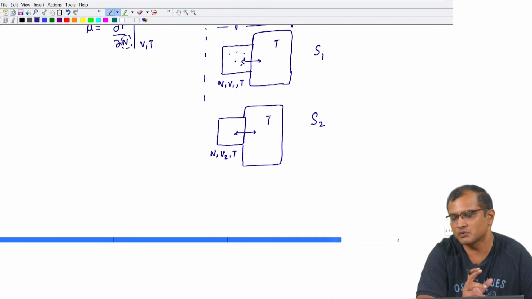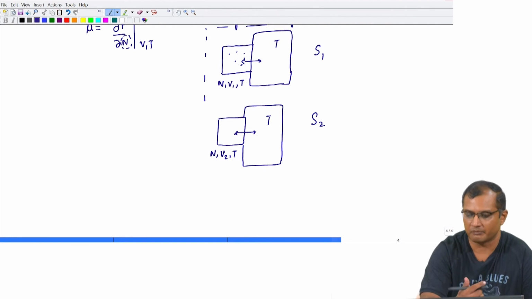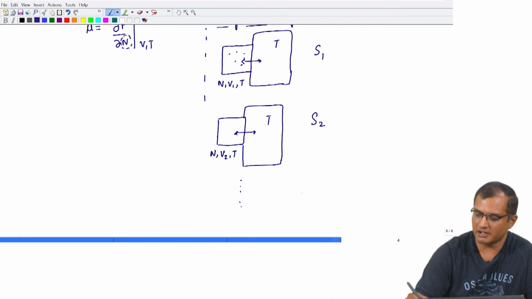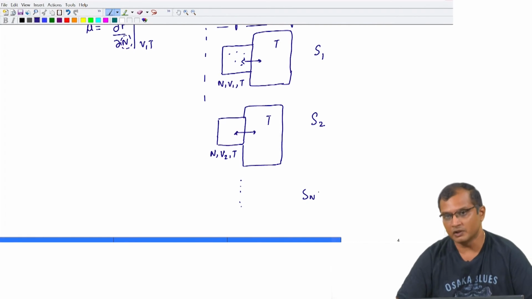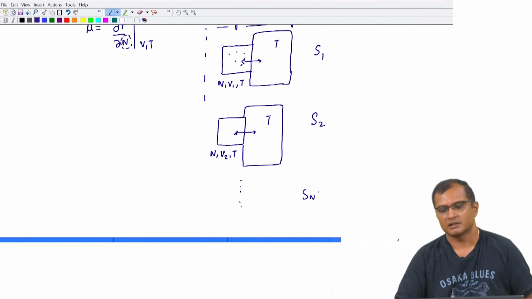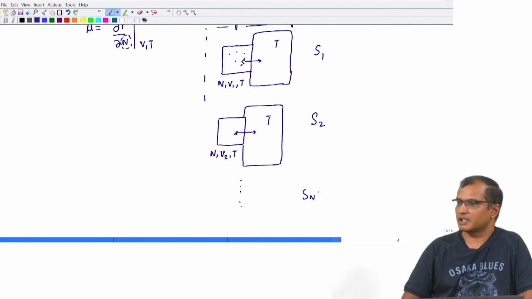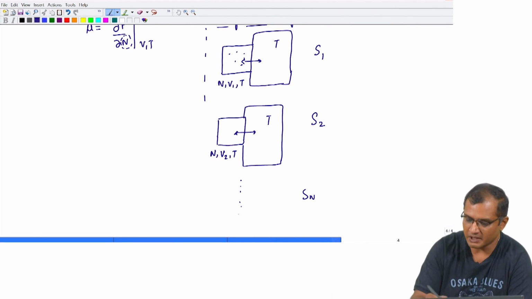This way you constructed a large number of systems varying only in volume with respect to each other, but number of particles and temperature are constant.